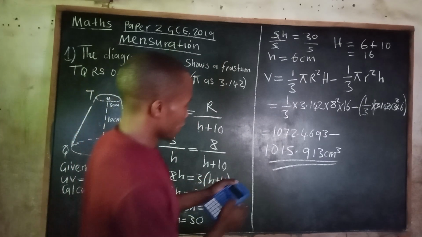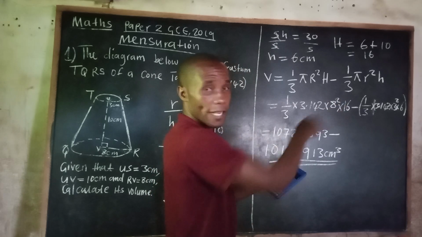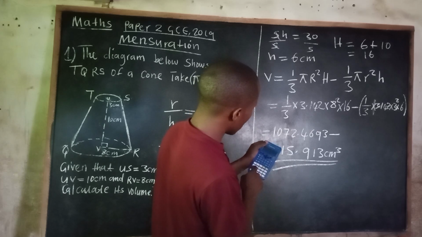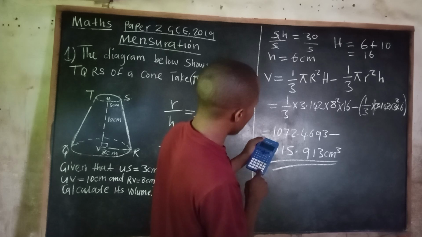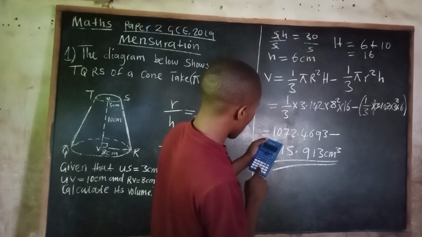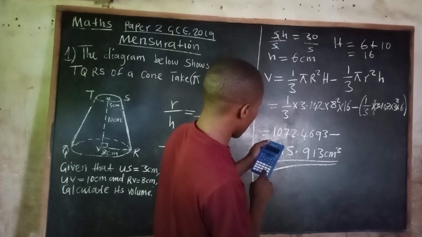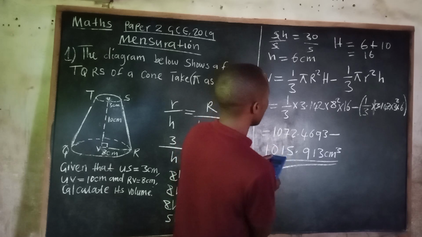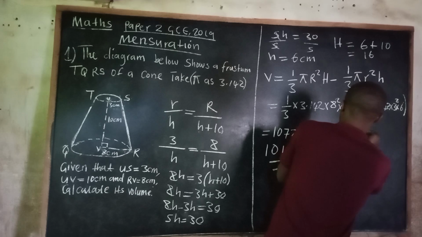Now let us see the value of that second one, because I just did it directly on the calculator. 1/3 times 3.142, then times 9 times 6, which gives 56.556.